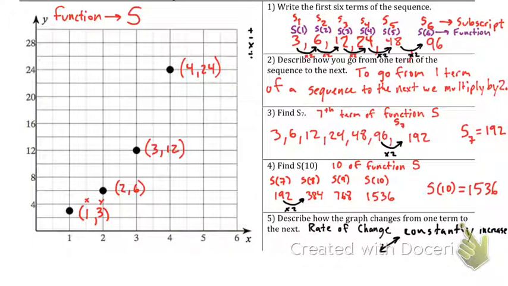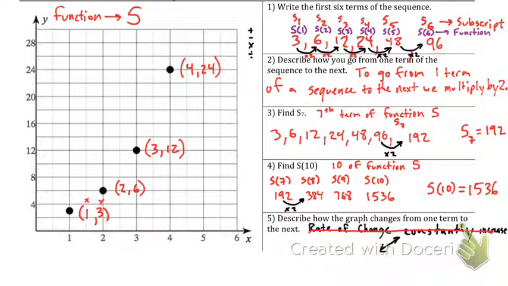If you connect the dots, does it look like a line? In this case, this would not be the correct answer for our graph. Okay, the rate of change does not look like a line. In fact, if I connected these dots, it looks like a curve that's going straight up.